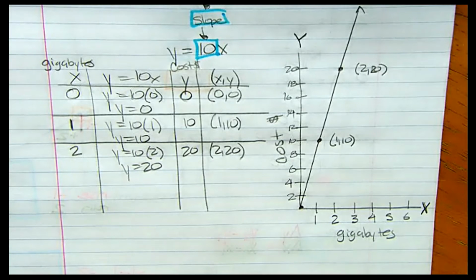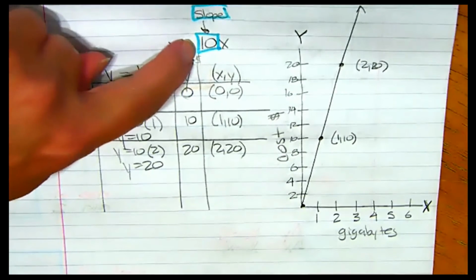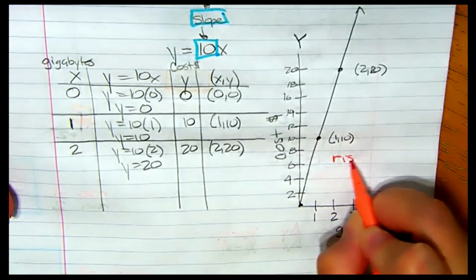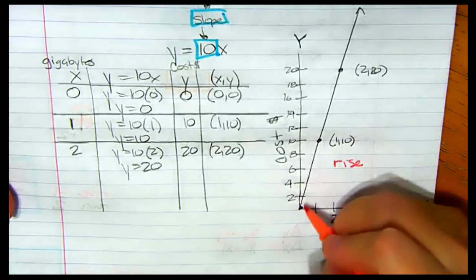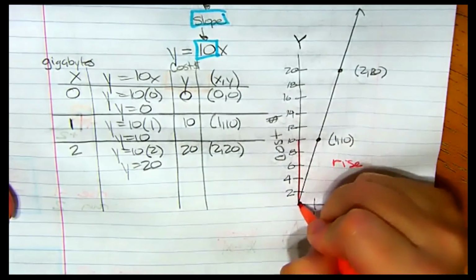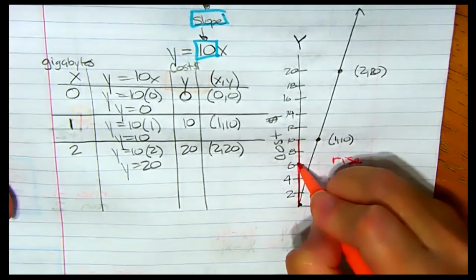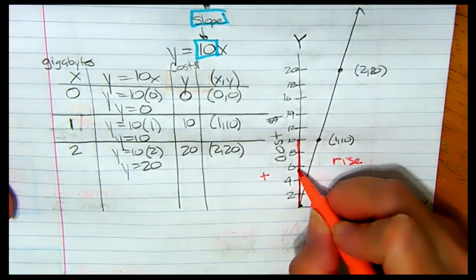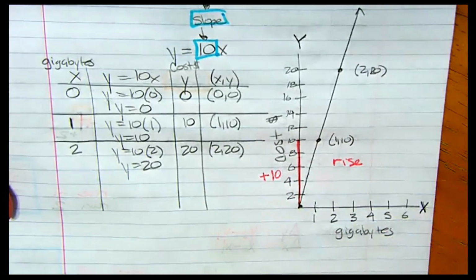But then they ask us to interpret the slope. Here they're telling me slope is 10, but what does that mean? I don't know. So let's do what we do know with slope. We know rise. If I start at this point, I'm going up 2, 4, 6, 8, 10.